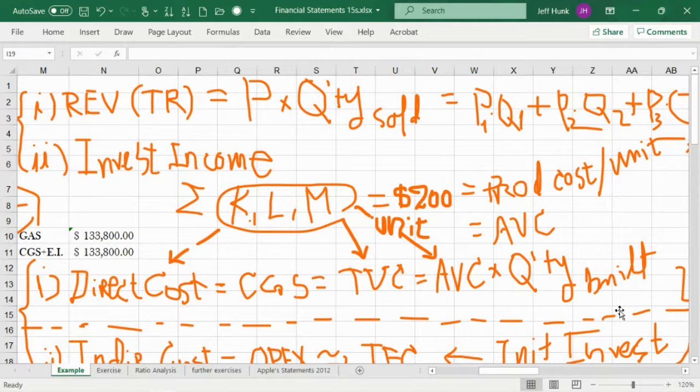But eventually that gap will be closed. Think about it. You produced 1,000 units and sold 900 units at $300, right? So you have 100 units left unsold.